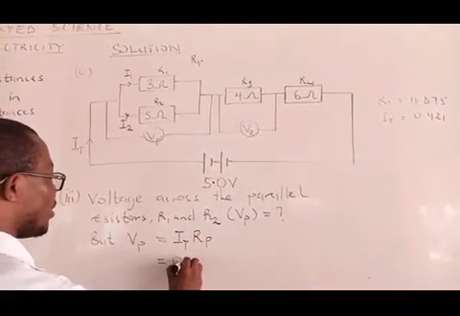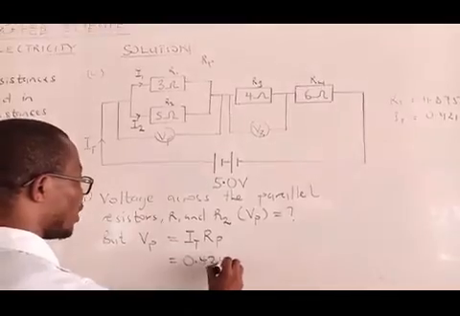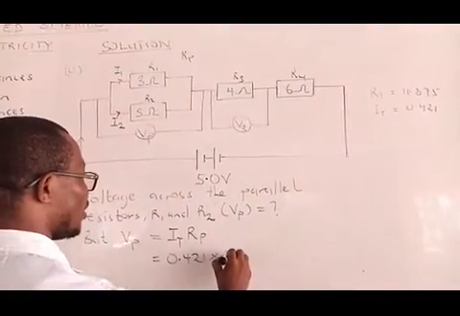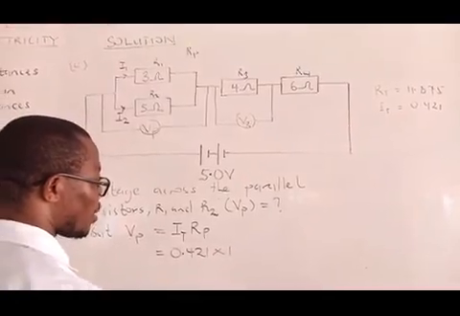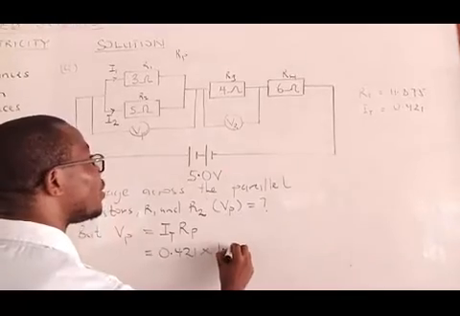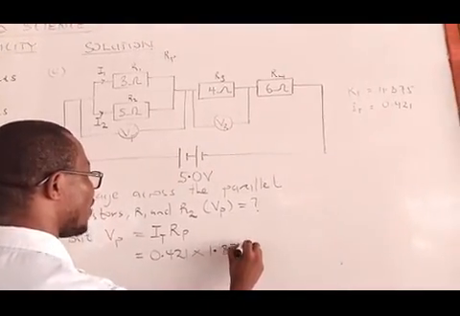Our IT we have 0.421. The RP, the parallel resistors, we had 1.875.